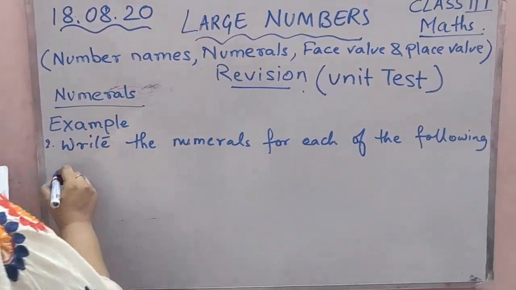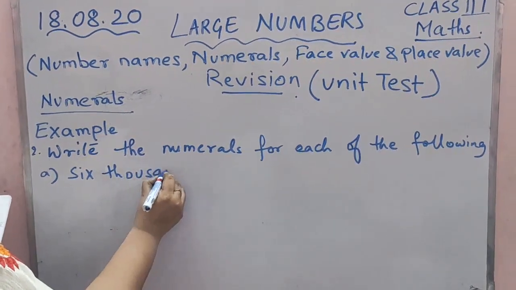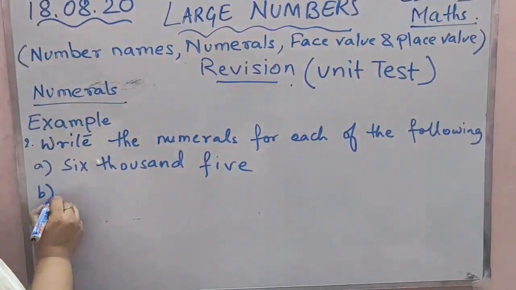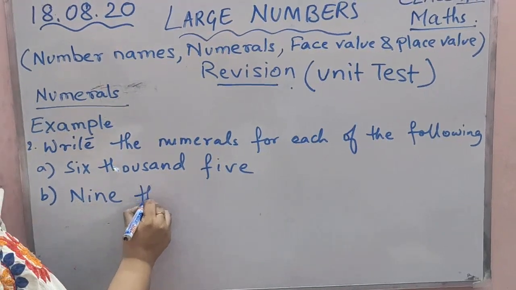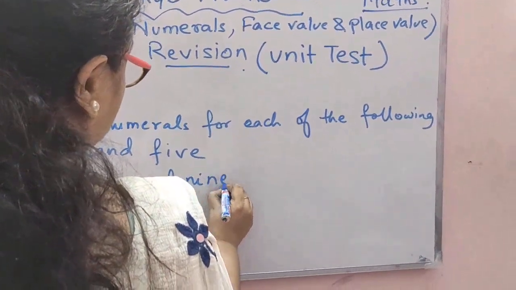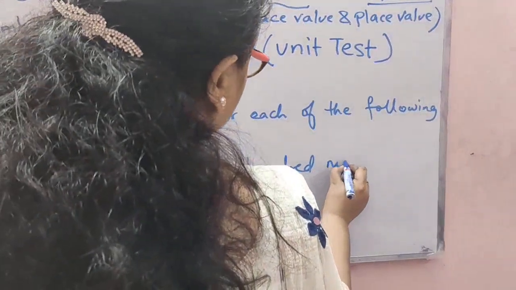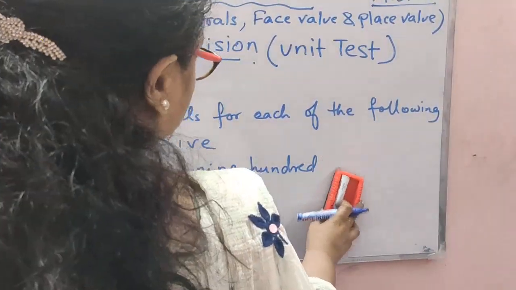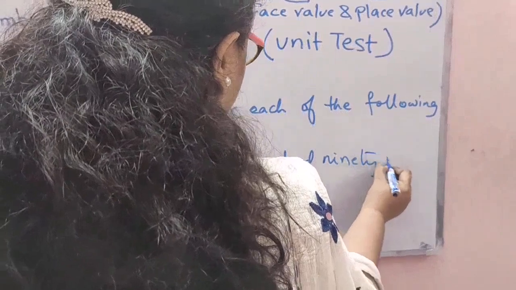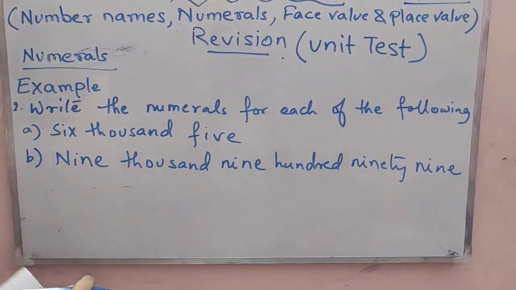So we'll take few examples for this also. 6000 99.